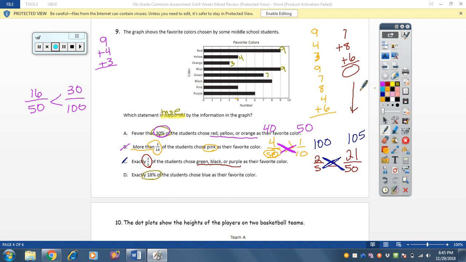So just like the others, you're going to multiply. 50 times 30. And 16 times 100. Fewer than 30%. If 30% is 1,500, is 1,600 fewer than 30%? I don't think so either.